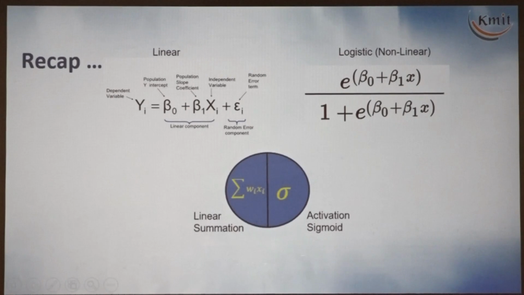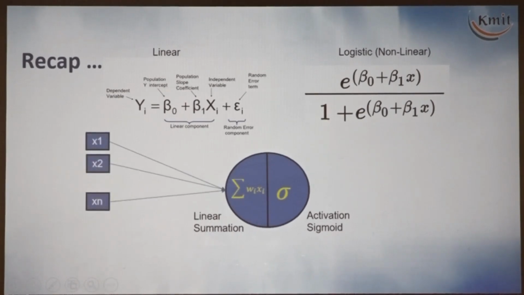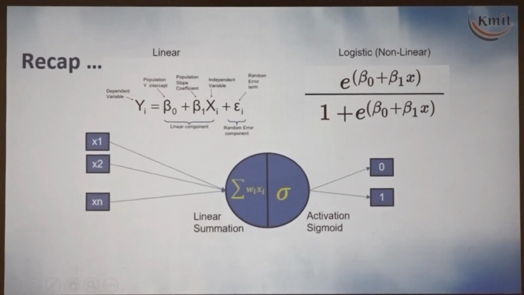The combination of these two gives you one unit. It takes the inputs x1, x2 and so on up to xn, and it can produce the outputs. For binary classification, it gives the probability for 0 and 1, so either 0 or 1 is given.